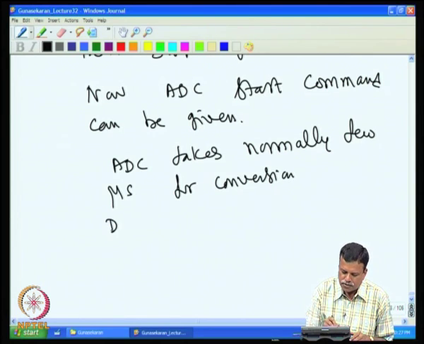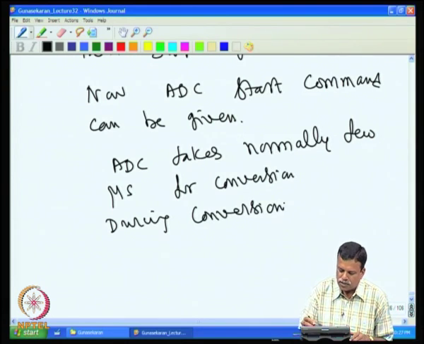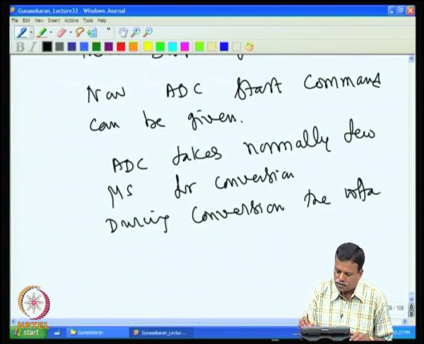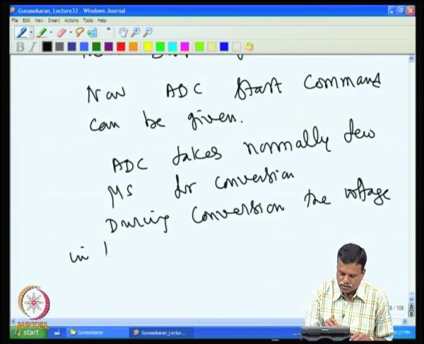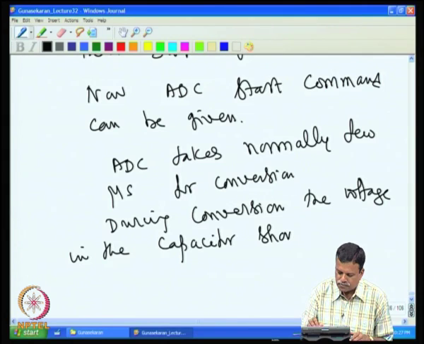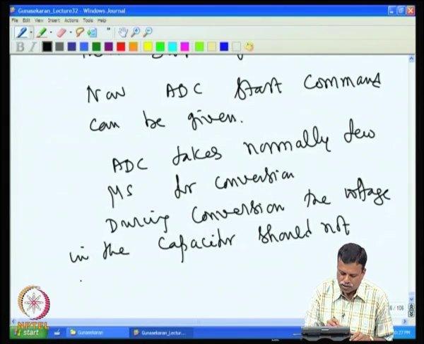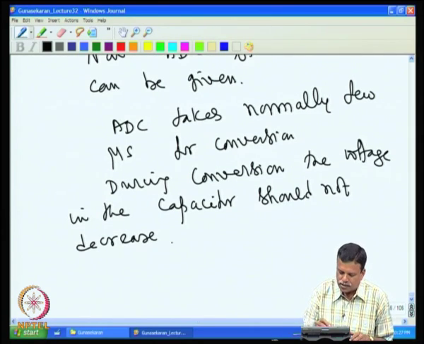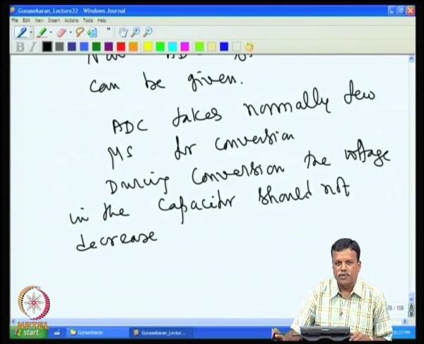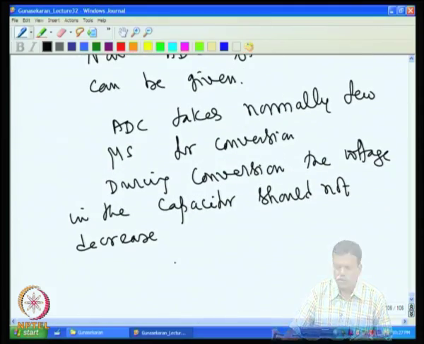During conversion the voltage on the capacitor should not decrease, and it should also have very low dielectric absorption. So the sample and hold amplifier is essential for the conversion.